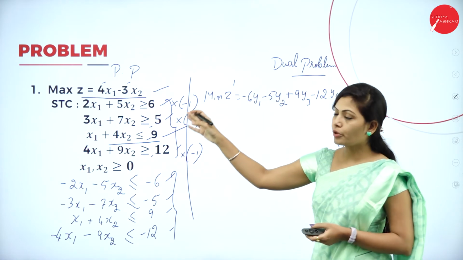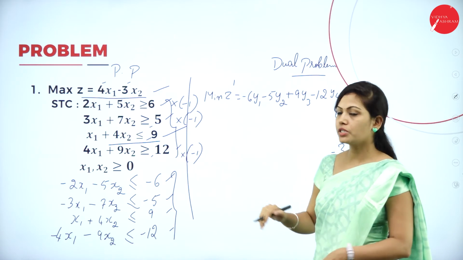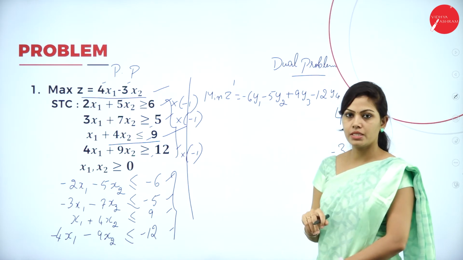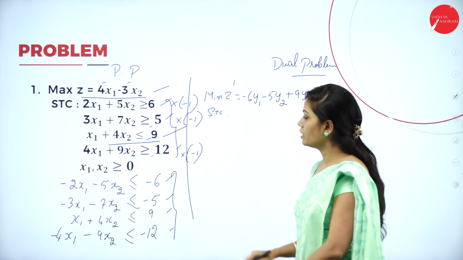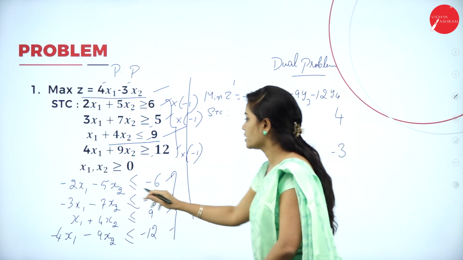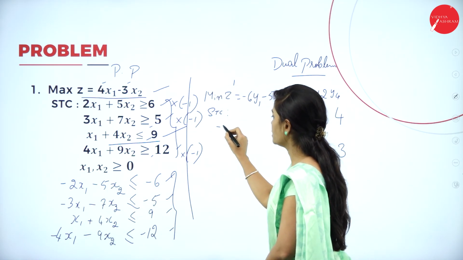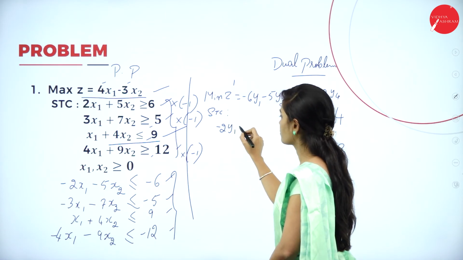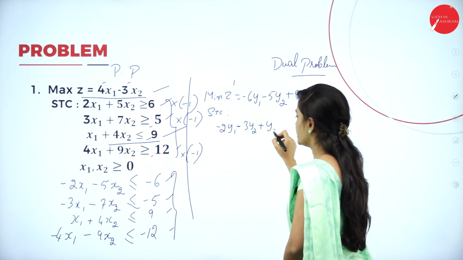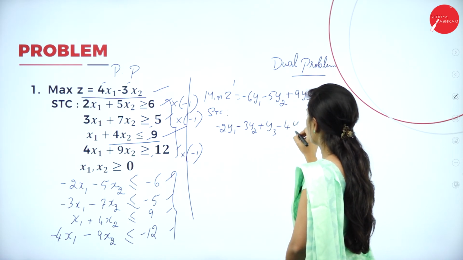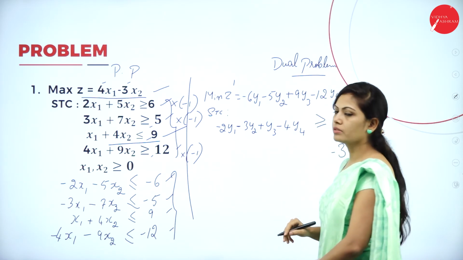Before, there were only 2 variables in the objective function. Now you can observe the objective function: I got 4 variables. And next is subject to constraints. So here I will write it in a matrix method first. All the columns will become row values. So minus 2y1 minus 3y2 plus y3 minus 4y4 greater than or equal to 4.